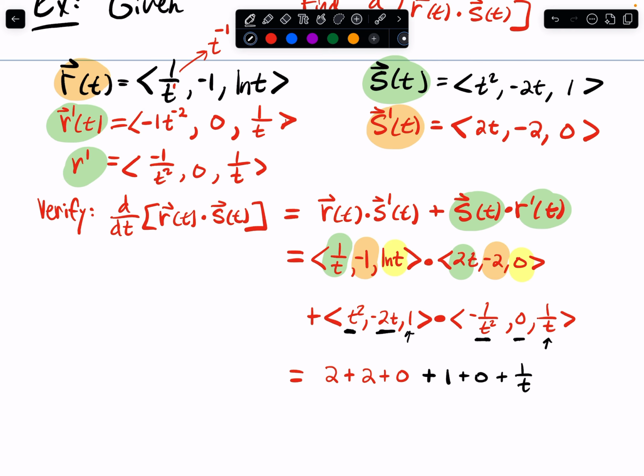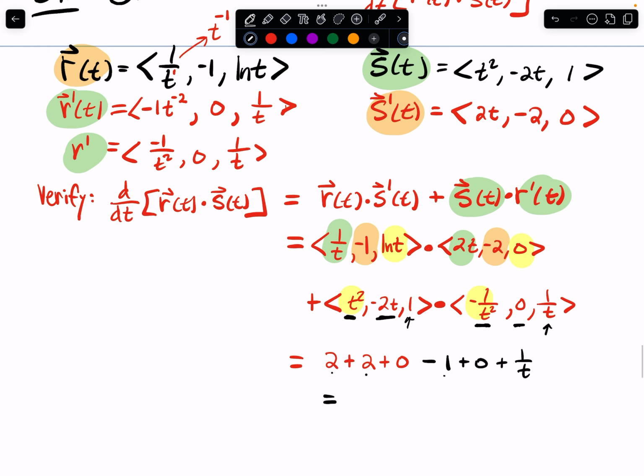All right, now I made a little bit of a mistake because this is actually a negative and that's a positive, so this needs to be a negative. Okay, so subtract that. All right, so 2 plus 2 minus 1 gets me 3 plus 1 over t. Okay?